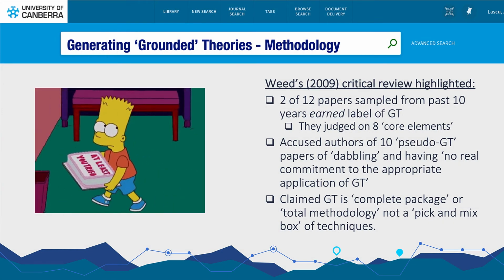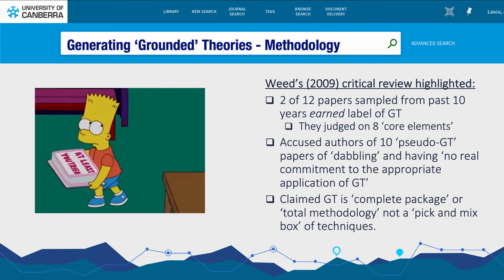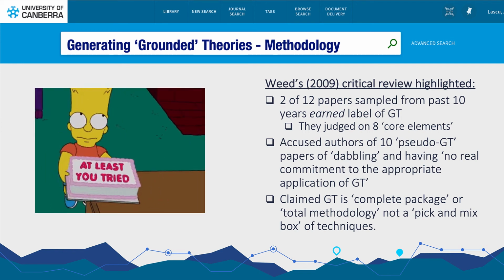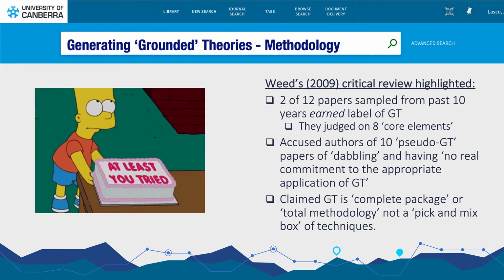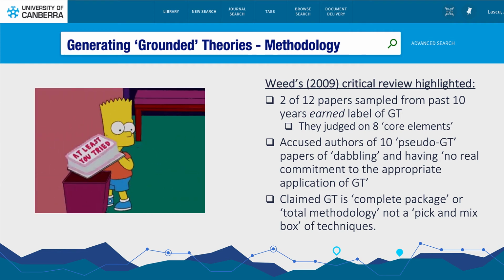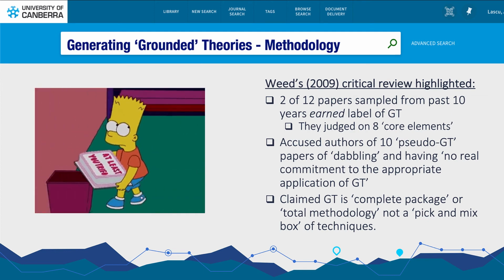So the critical review highlighted that only 2 of 12 papers sampled from the past 10 years actually earned the label of grounded theory, and they judged that based on 8 core elements. They accused the authors of 10 pseudo-grounded theory papers of dabbling and having no real commitment to the appropriate application of grounded theory.